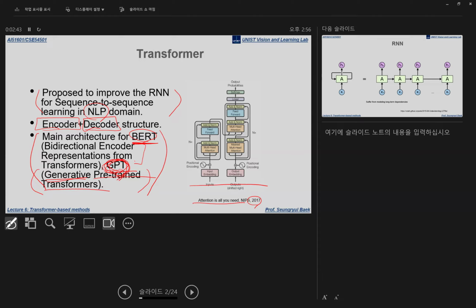But these are for NLP applications, natural language processing applications. We will first review how the transformer originated for NLP tasks. And then we will see how we can use transformers for computer vision applications.